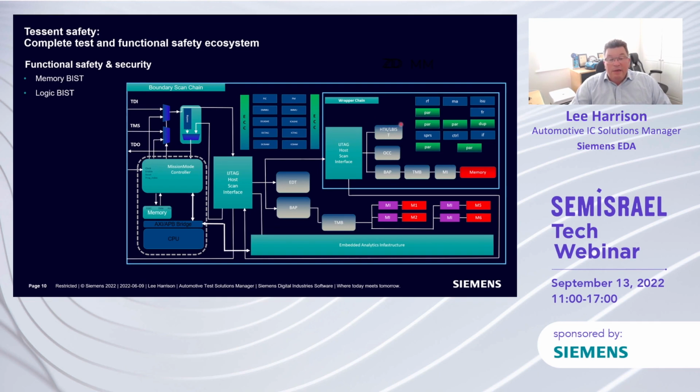Here you can see we have a memory, and embedded in there to test those memories in system. From a safety perspective, we have our TMB, which is our Tessent memory BIST, and again we have the same technology here, and this is all hooked together with the test infrastructure, which is based around the IEEE 1687 IJTAG standard.